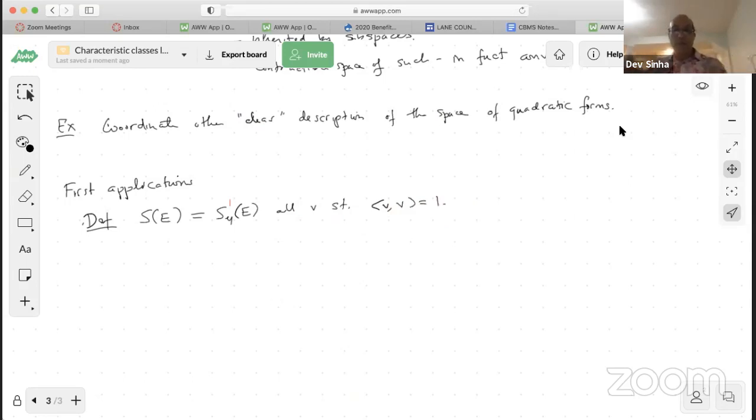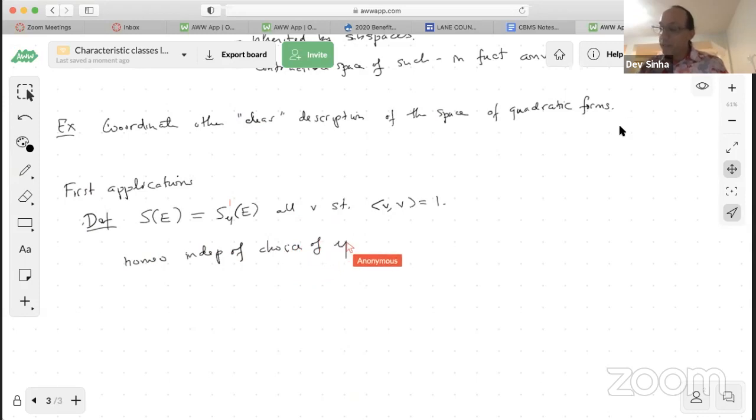So in every preimage of a point in the base, we're going to think about all things of unit length. And this is known as the sphere bundle, because in fact, up to homeomorphism, the homeomorphism type is independent of the choice of metric.